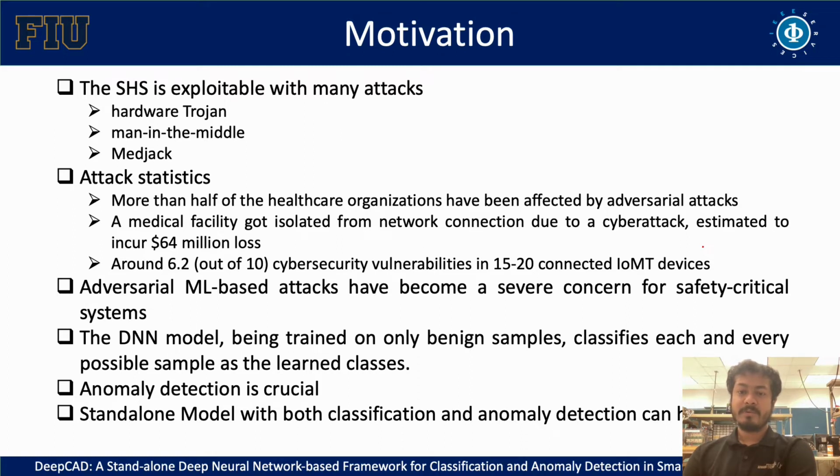Moreover, deep neural network models trained with benign data only classify each and every possible predicted sample as the learned classes. They cannot classify the predicted samples as anomalies. Due to the growing zero-day attacks, learning the attack pattern is also not possible. That being said, it is crucial to provide anomaly detection capability to the smart healthcare system controllers.